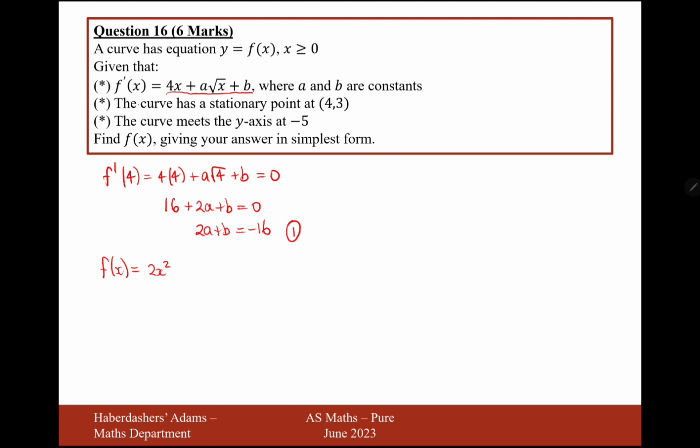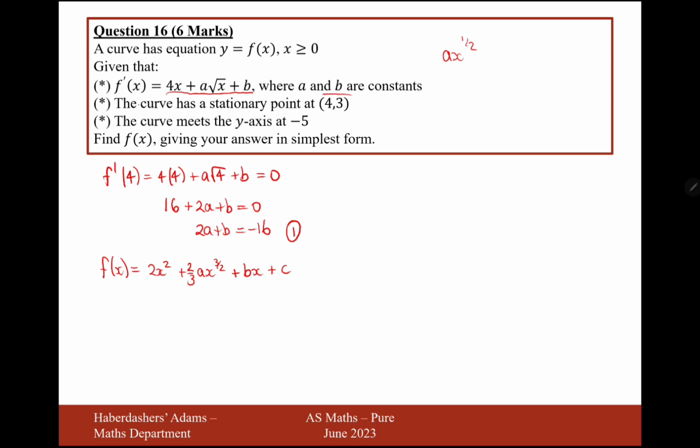On a root x, you would treat this as ax to the half. So you increase the power to x to the power of 3 over 2, and then you divide by that number 3 over 2, so it becomes 2 over 3 a. And then the b, which is just a number, becomes bx. And then we'll also need a c on the end because that's what you always need when you integrate.